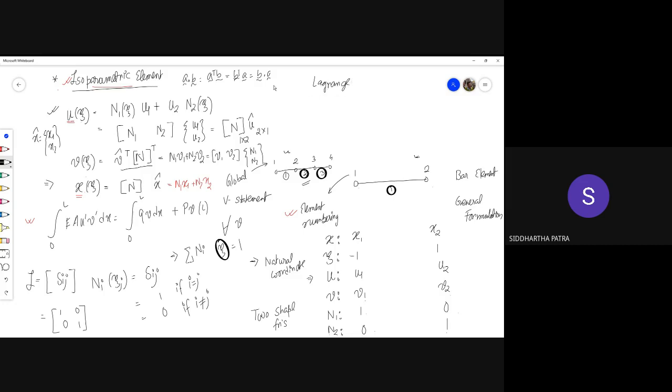In the finite element method, we typically use Lagrange polynomials. Which means N1 would be 1, which is its value at xi equals -1, times (xi minus xi2), where this quantity is xi1 and this quantity is xi2, divided by (xi1 minus xi2).